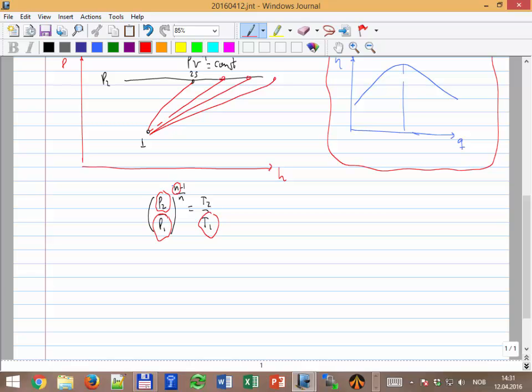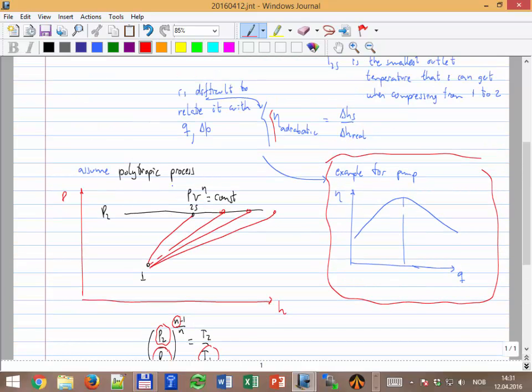The nice thing about the adiabatic isentropic efficiency is that it's a value between 0 and 1. This n can be any number, so we really want a value that is bounded, between 0 and 1.